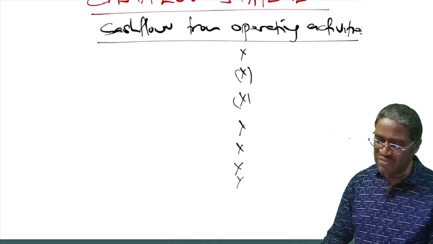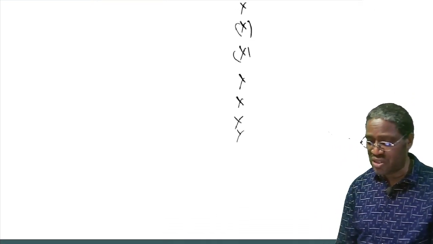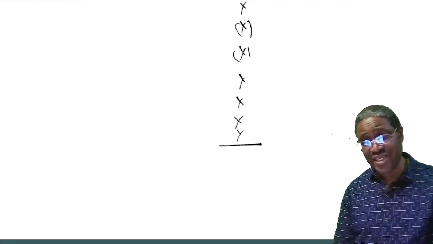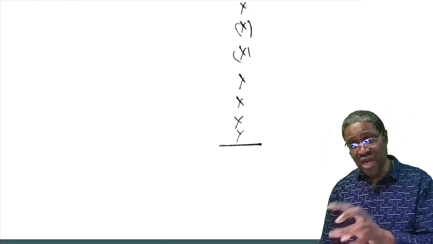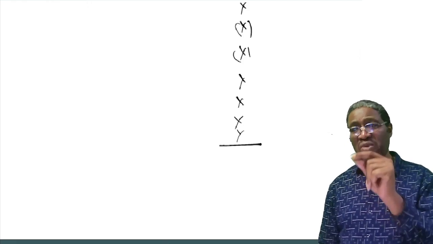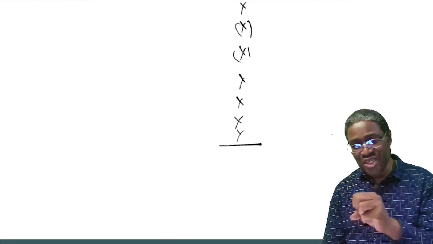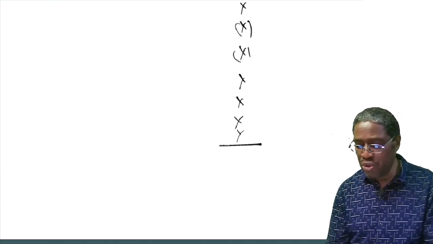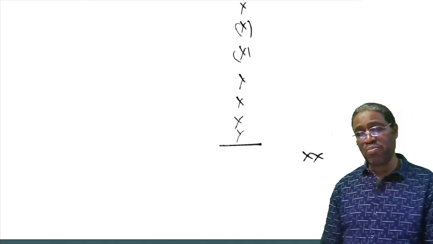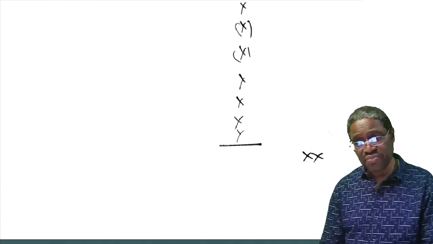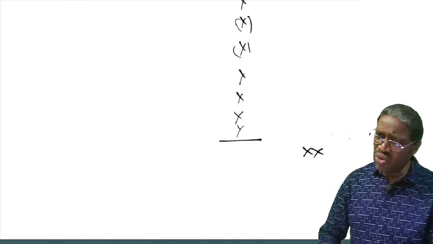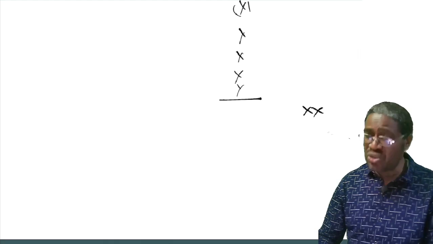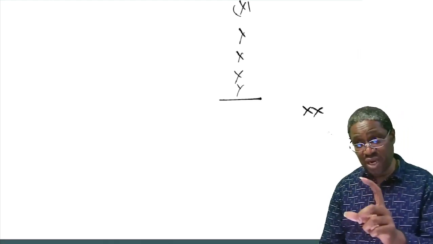Once you identify the cash flows from operating activities, you have to get the net of all of them. Some of them are positive, some of them are negative. Once you get the net of all of them, push that figure to the extreme. That figure could either be a positive amount or a negative amount.